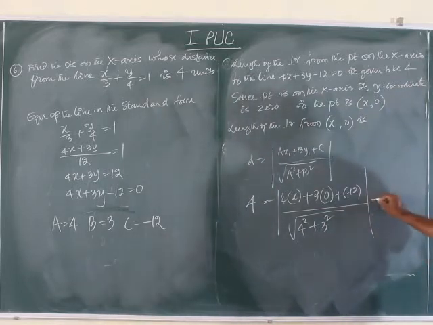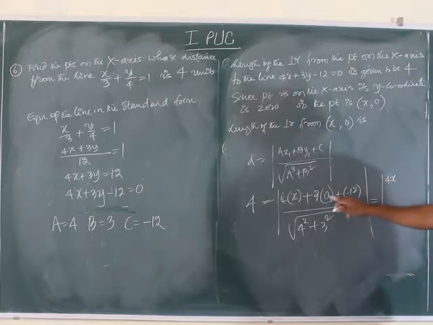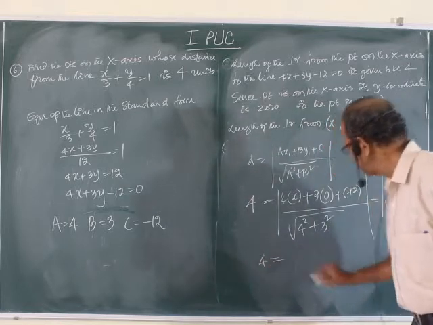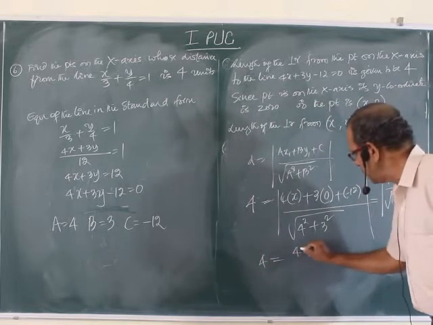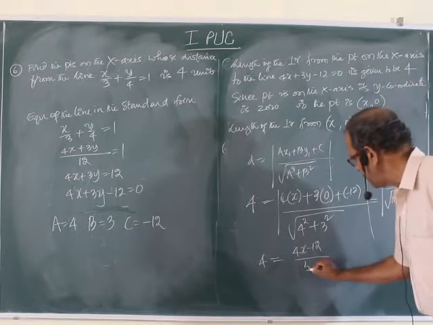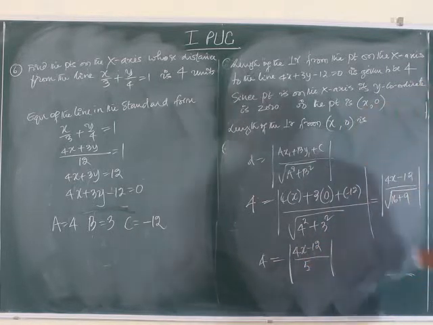What you get? 4 equal to 4x into 0 minus 12 divided by root 16 plus 9, or 4 equal to 4x minus 12 divided by root 25. Root 25 means 5.